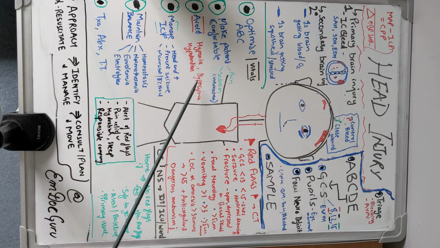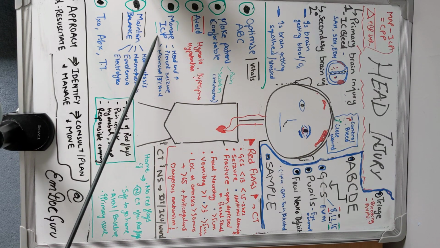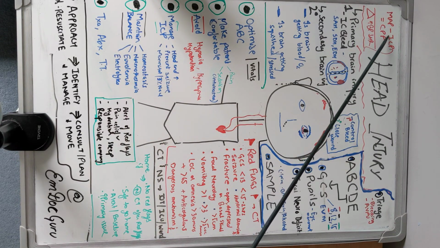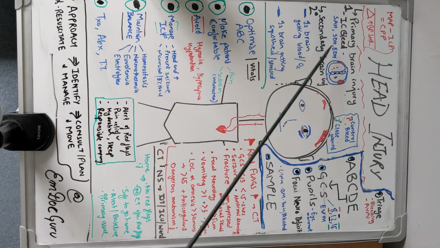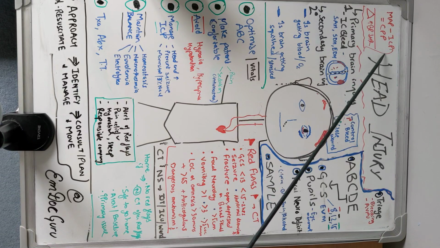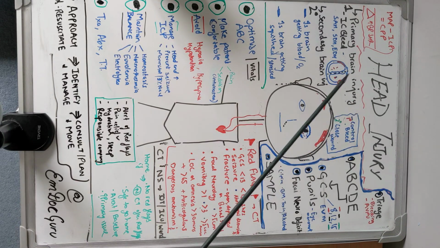So these are the key things that you should avoid. Your aim is to maintain the cerebral perfusion pressure. So in secondary brain injury, you want to ensure that the cerebral perfusion pressure is maintained.